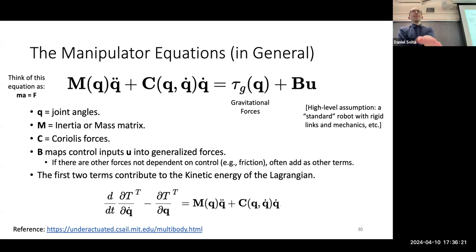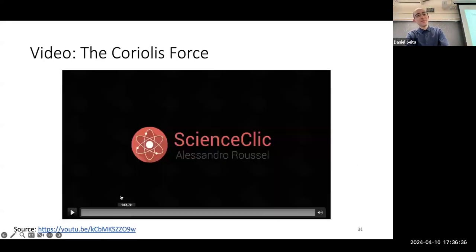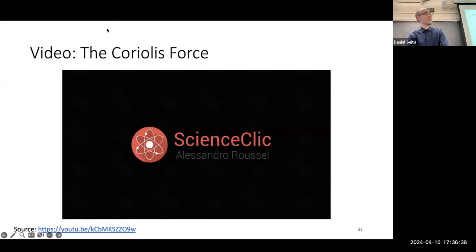So again, I think the way to understand this is to look at a few examples and see how you define what the mass and Coriolis matrices are for a given robot system. So I think I have an example of that. Oh, well, actually first I have this video of the Coriolis force.